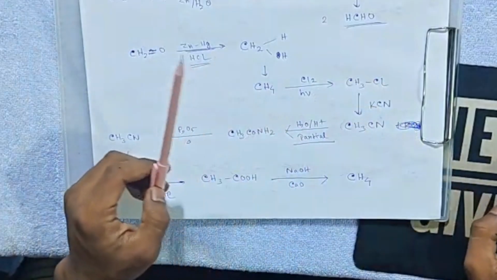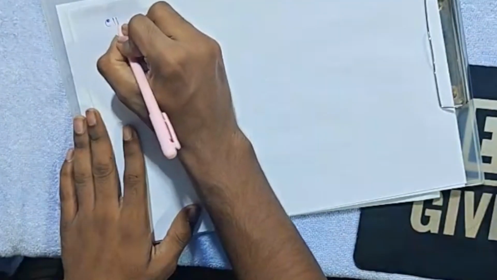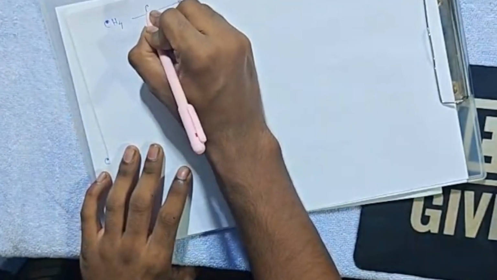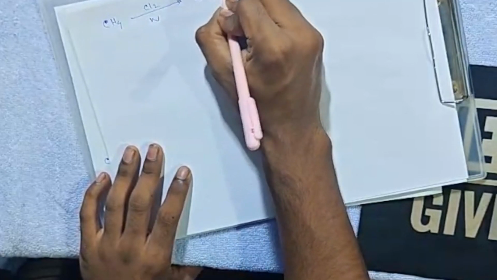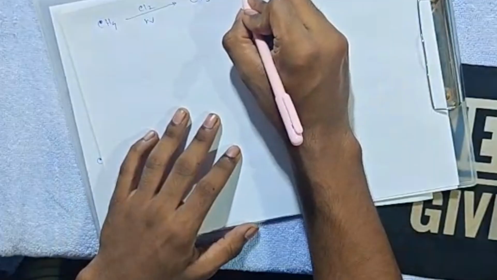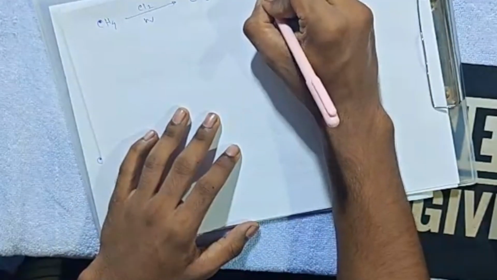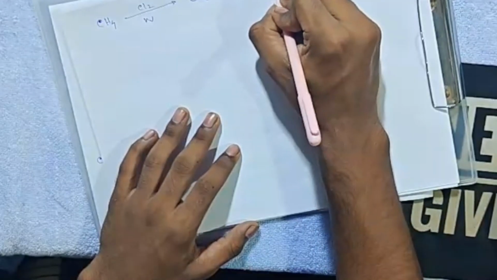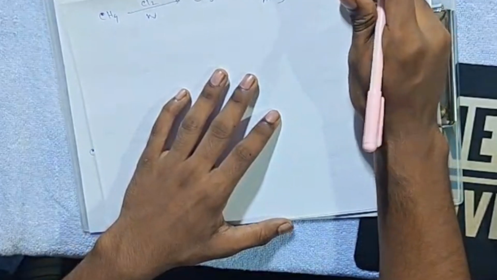Now again I'm revising the reaction. If this CH4 is given Cl2, H nu, then again we know CH3Cl will form. In this CH3Cl, if you give benzene and AlCl3, then what happens?